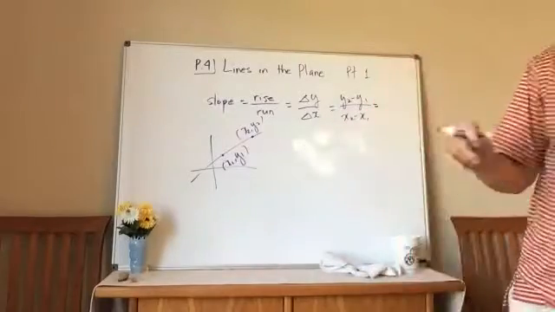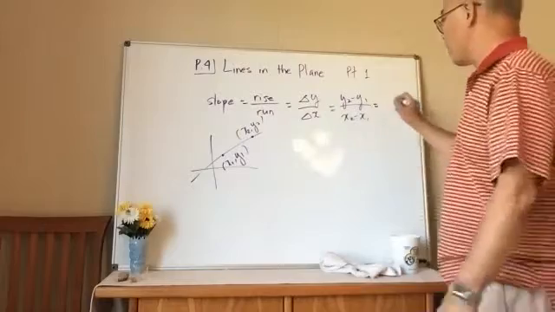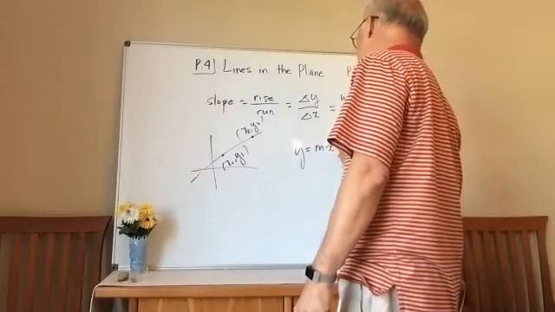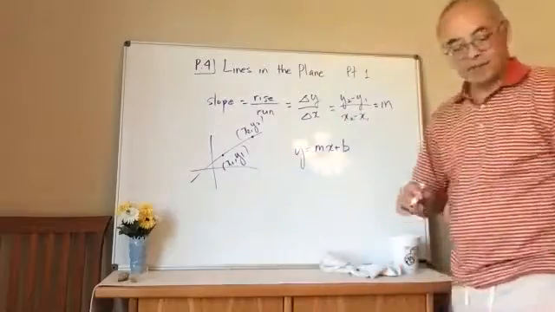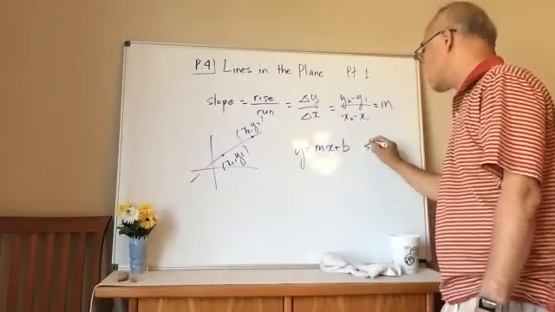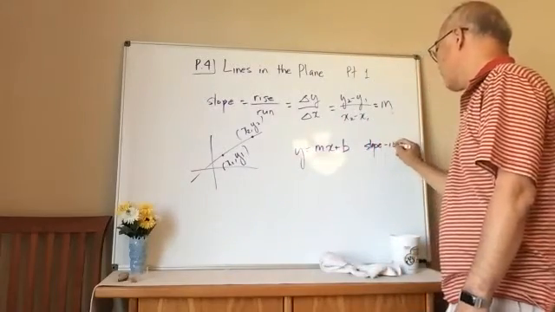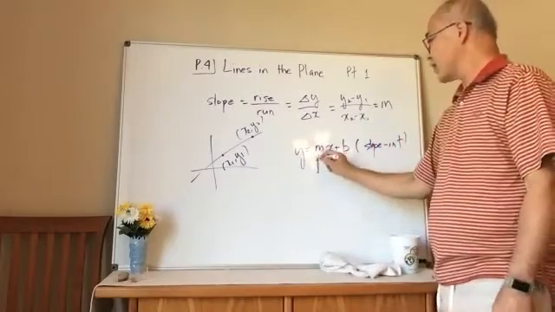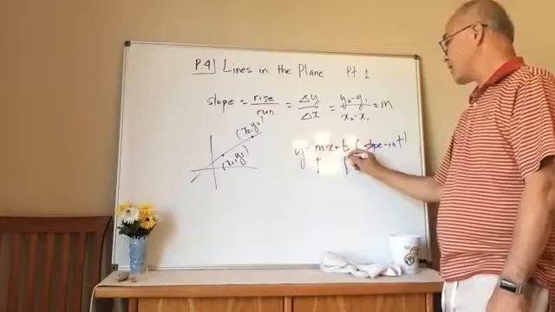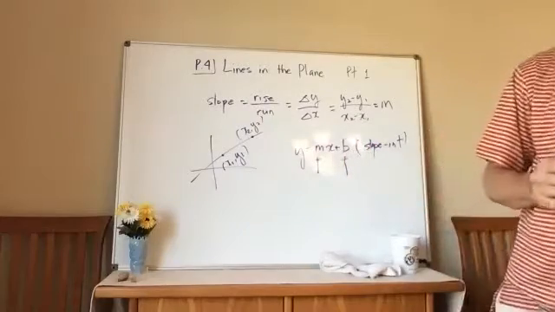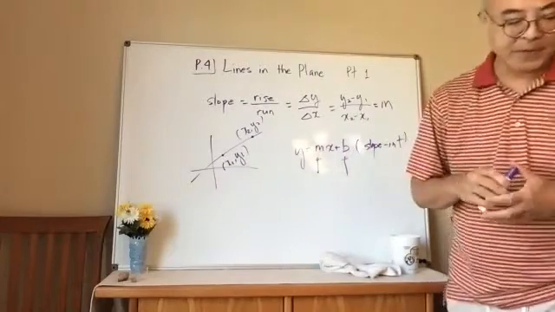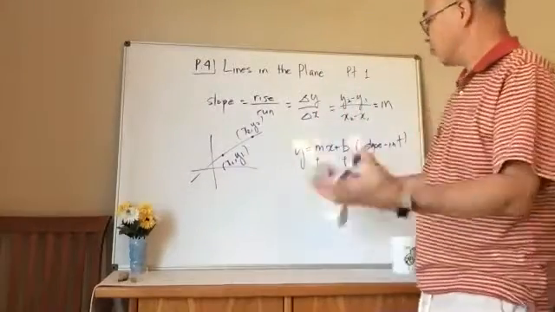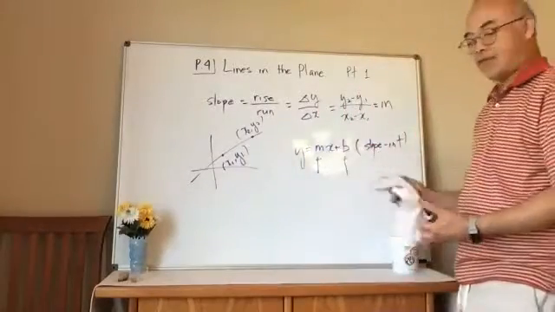M. M is the slope, because when I say y is equal to mx plus b, this is known as the slope-intercept form, where m is the slope and b is the y-intercept. So that is the line in slope-intercept form.